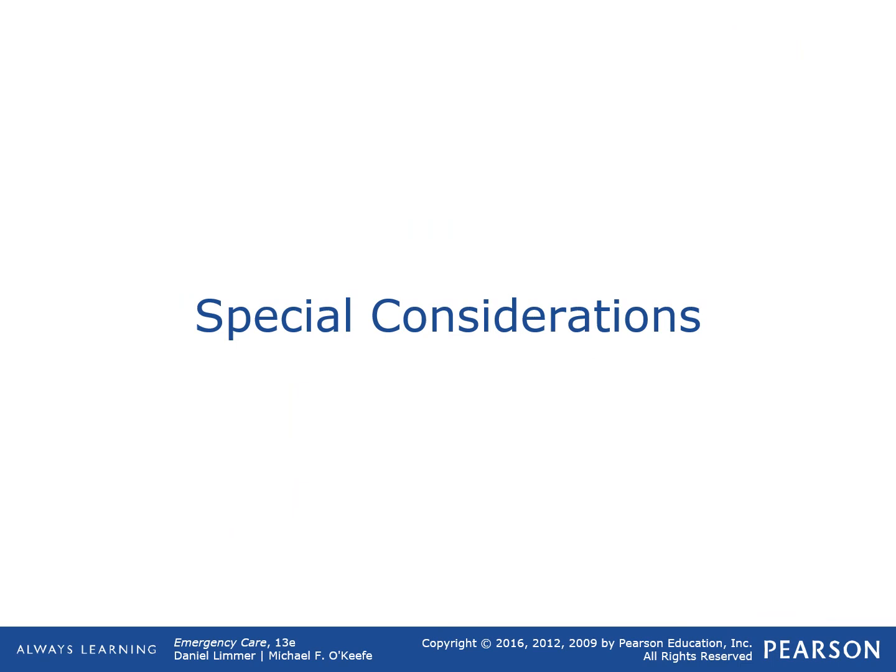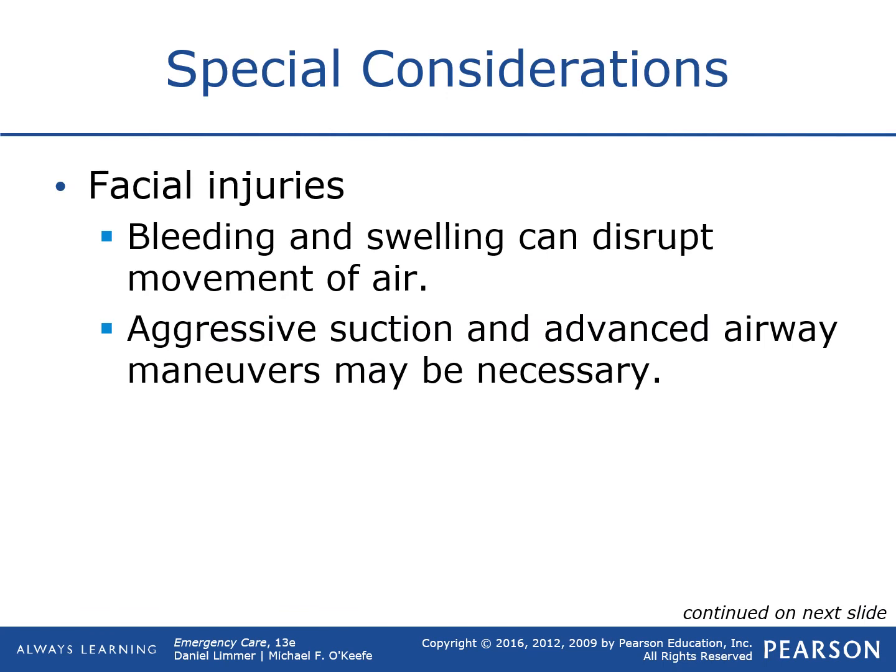All right, moving into some special considerations. Again, same with airway management. Facial injuries can make a lot of this stuff difficult. If you have blood or swelling, or if it's a traumatic injury and you're missing parts of your airway, that can make all the stuff pretty difficult.